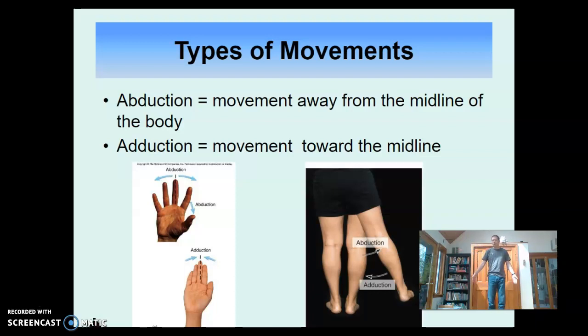Okay, so arms are something you can do there. Legs can be abducted and adducted. Your hands can be abducted and adducted. Obviously, that's a little bit different. It's the midline of the hand, but it's the same basic idea. But those are the main things. Mostly it's the limbs that we're talking about.